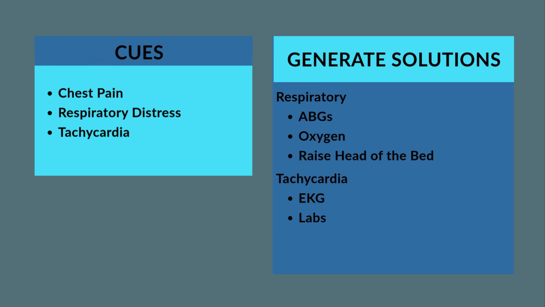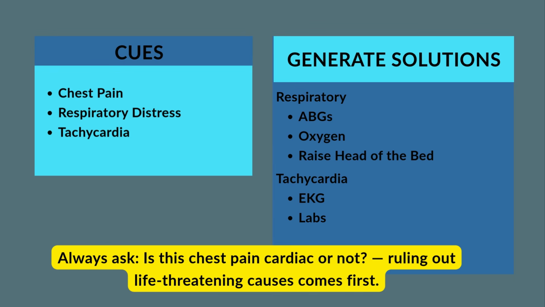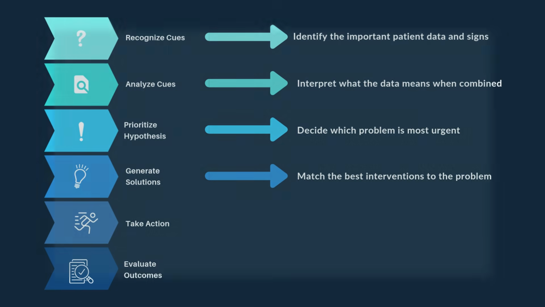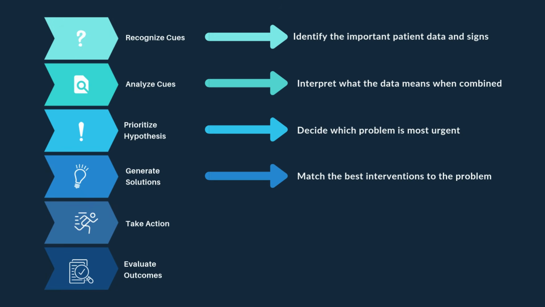We probably need to get an EKG, and we have to deal with that chest pain. Find out all the things that you would need regarding pain and determine, is this chest pain a cardiac issue or not? You may not know that as a nurse, but some of the solutions you can consider would be getting a 12-lead EKG, calling cardiology in, getting some labs. Once you've matched those solutions to the problem, you can take action and evaluate.